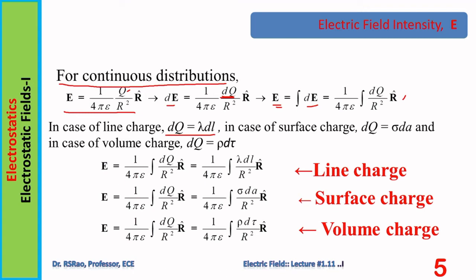So in place of dq, I can replace lambda dl. This is the expression for line charge distribution. In case of surface charge distribution, dq becomes sigma dA, so this is the expression for surface charge distribution. In the third one, dq has been replaced by rho d tau, making the expression valid for volume charge distributions.